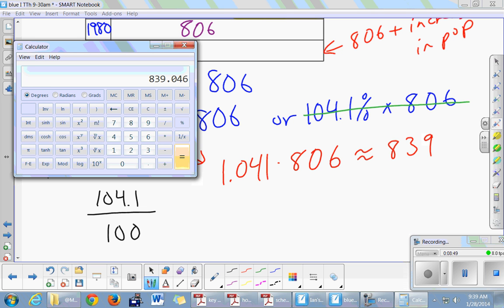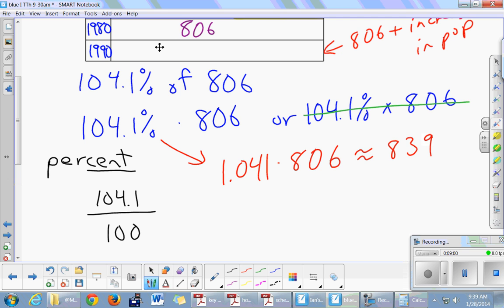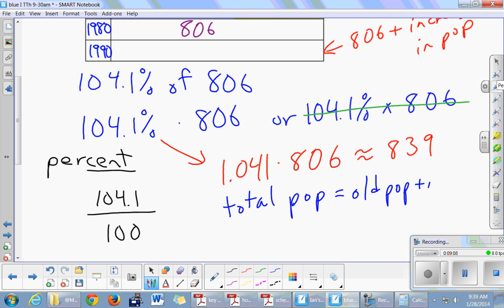Yeah, that's it. This is the increase. This is how many people the Chinese population increased by. So we're going to add the 839 to the 806 that we started with. So total population is equal to the old population plus the new population.